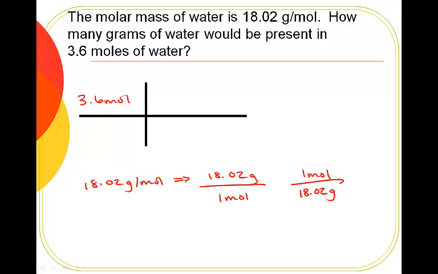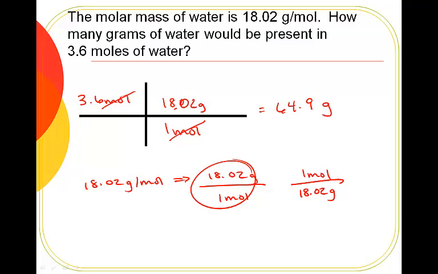In this case, I want moles to cancel, so I'm going to use my first conversion factor. 1 mole on the bottom, 18.02 grams on the top. Moles cancels, so 3.6 times 18.02 is 64.9 grams of water.